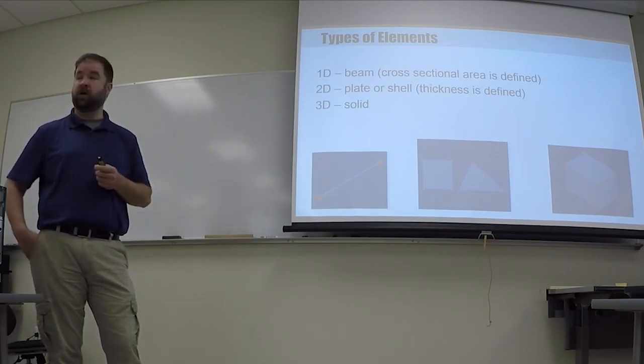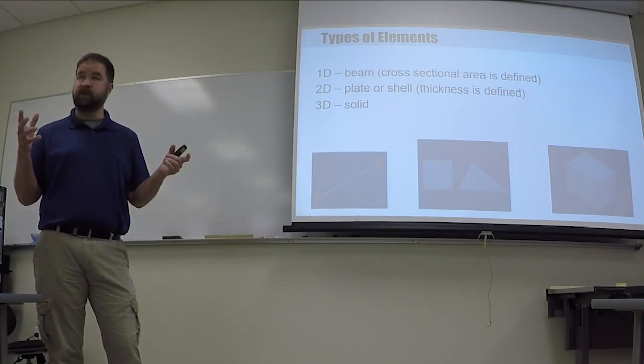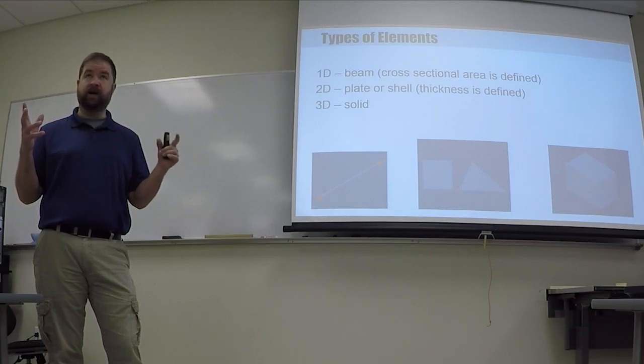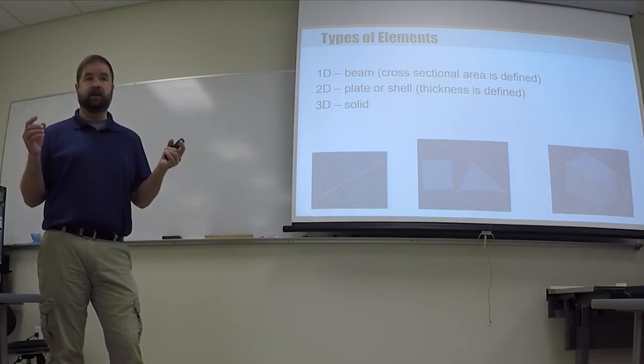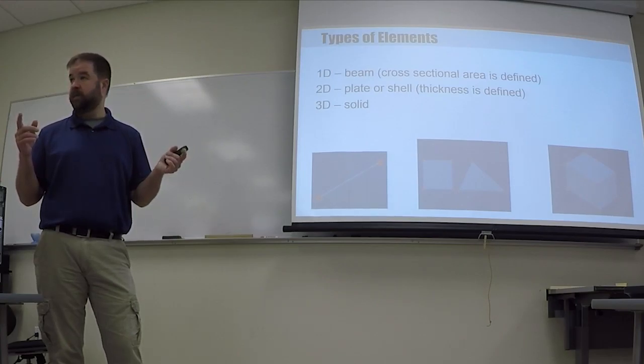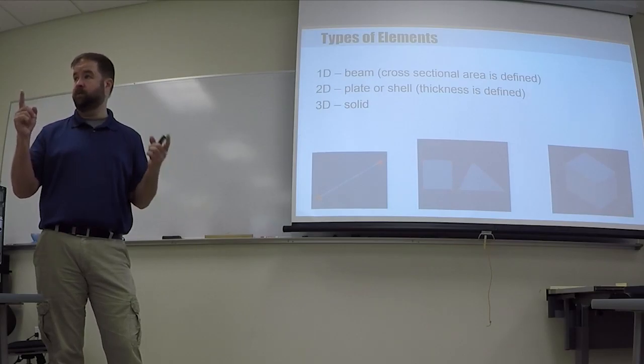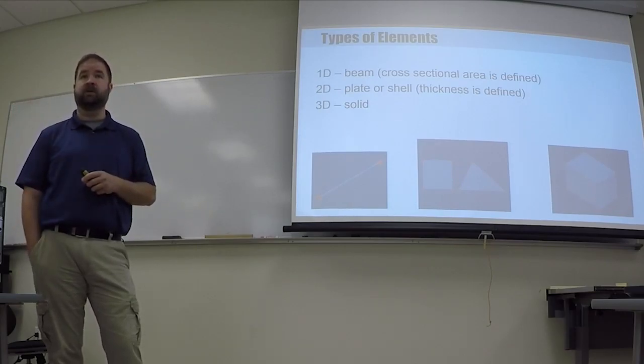We're assuming that the cross-section of the members are not changing down their length, right? Okay. So think about that for a second. I could model, say, the Kennedy Bridge with one-dimensional elements, and my one-dimensional elements would just be the cross-section of whatever those particular pieces are that make up the bridge. Now think about how many pieces are on there.